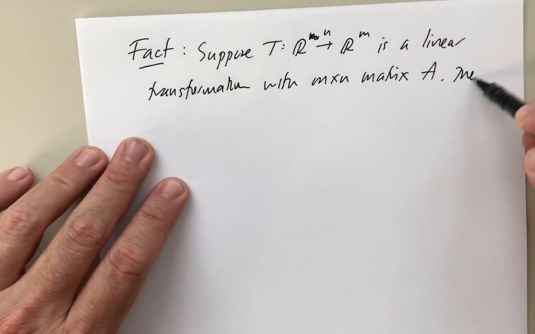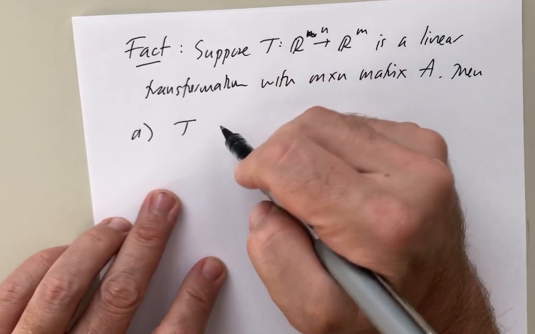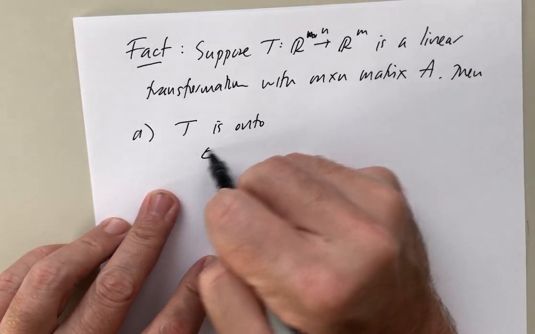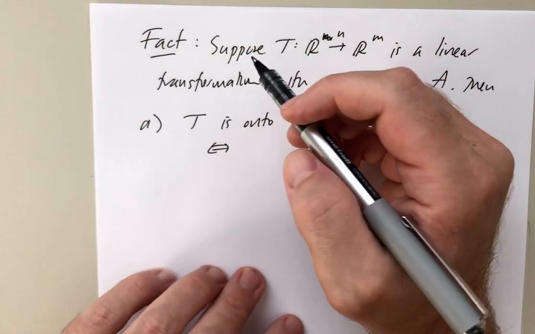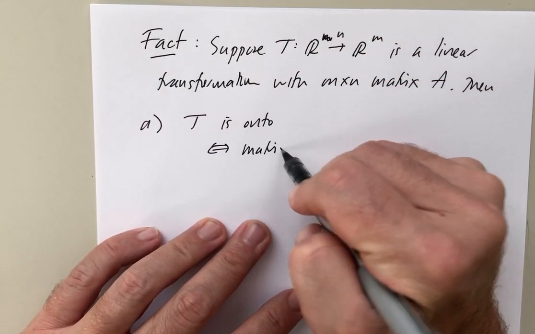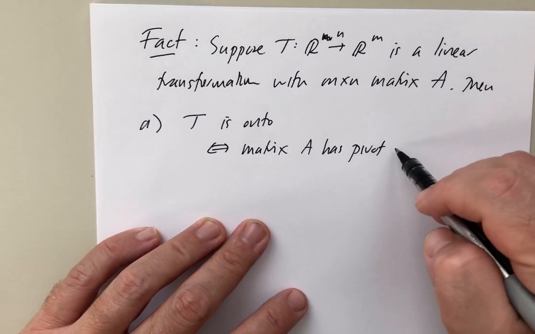Then two parts here. A, T is onto. I just want to translate what this means into different languages. What we just saw is that T is onto if and only if the matrix A has a pivot in every row.